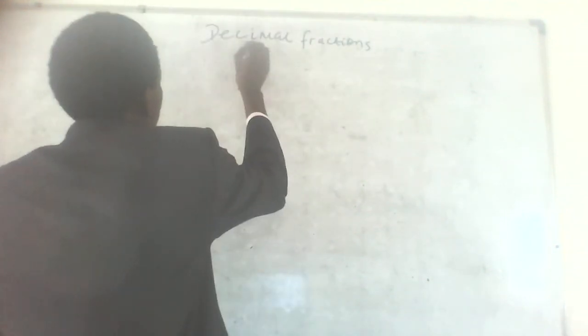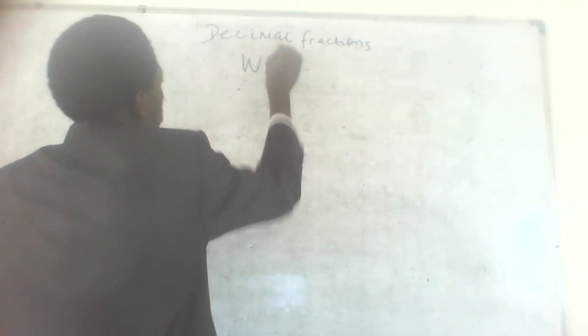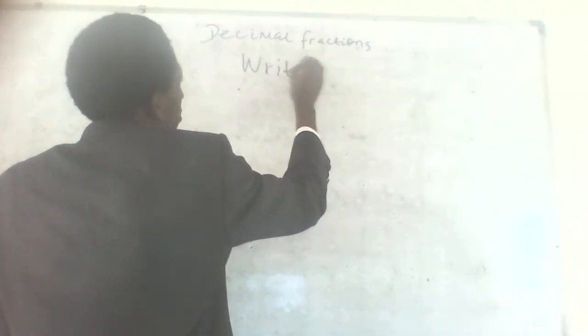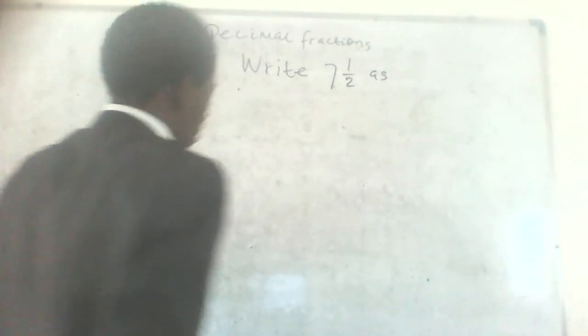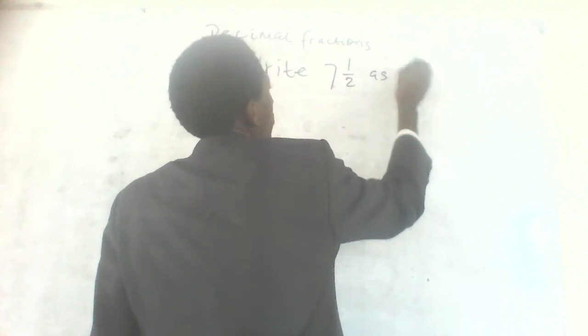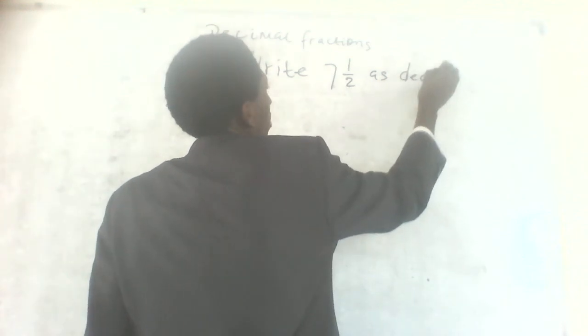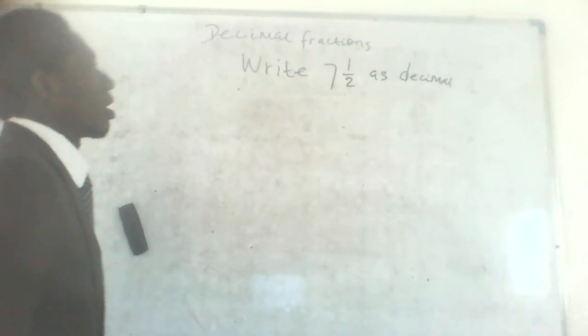Now there's another one that we should write: 7 whole number 1/2. That's 7.5 as decimal fraction. Okay, as a decimal. Alright, so 7.5 as a decimal.